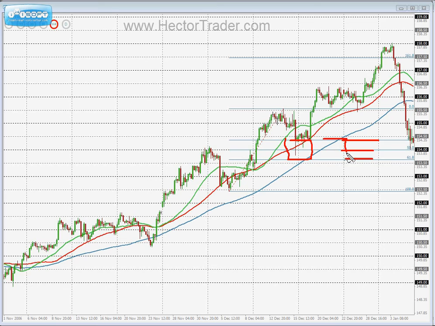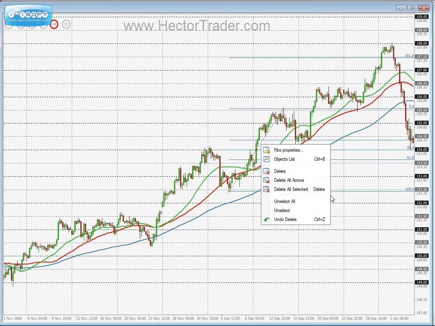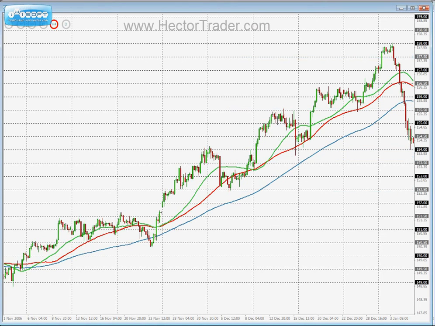Anything between the 38 and the 61, I usually take as a whole area of resistance. But anyway, that depends, like I said, on how conservative you want to be. All right, so we have the round number, perhaps a Fibonacci level, and we have the counter trend line.